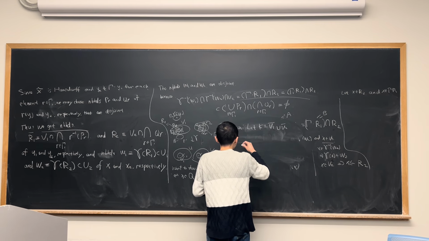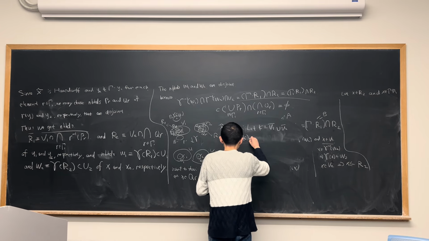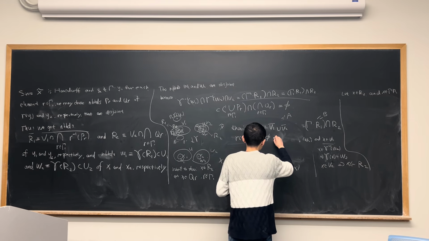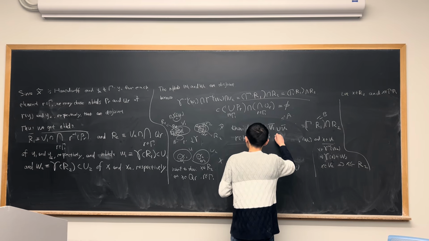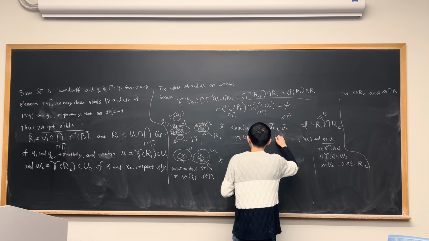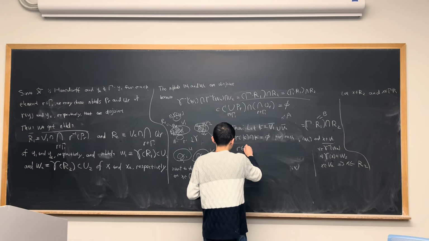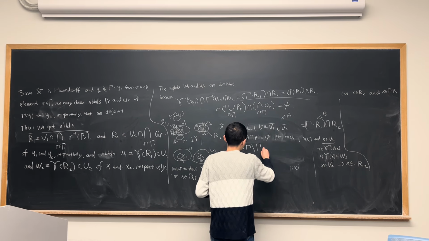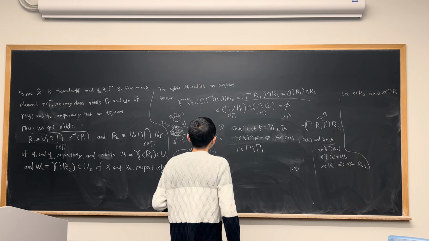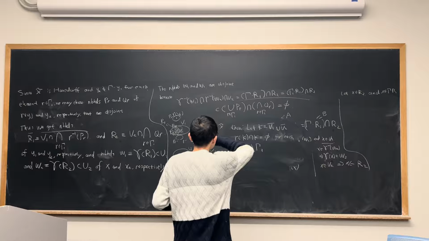And then we say that this R of K intersect K is empty for each R in this gamma, take away gamma 1.